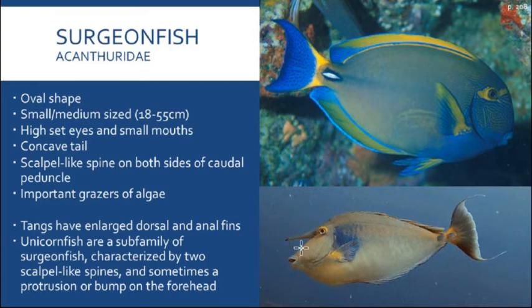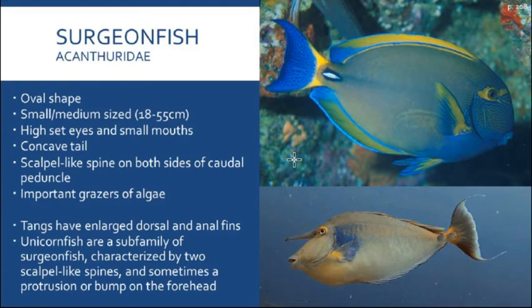So first off, they might have a little protrusion. It might be quite long, like in this example, or it might just be a little bump on the forehead. That generally is quite obvious. The one that is mostly obvious, though, and probably the best feature to look for, is again the caudal peduncle. So we know our surgeonfish has one little spine that sits on the caudal peduncle, and it can actually be retracted.